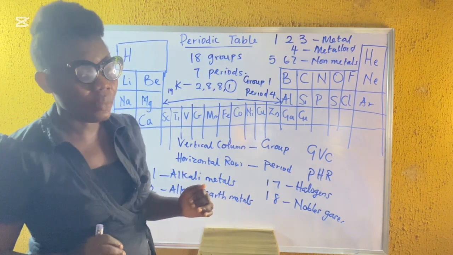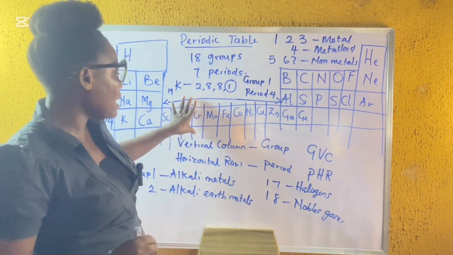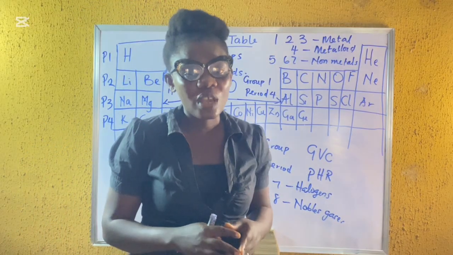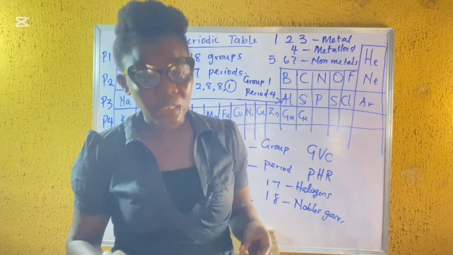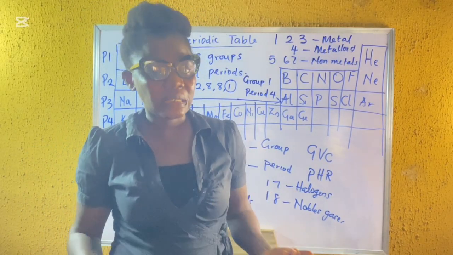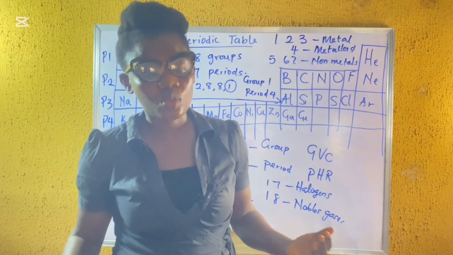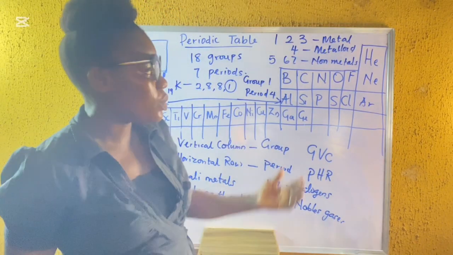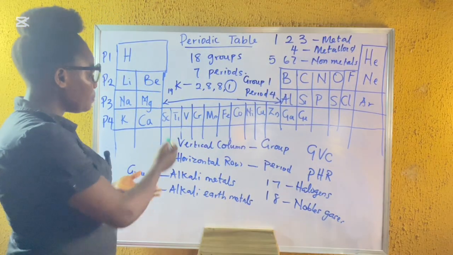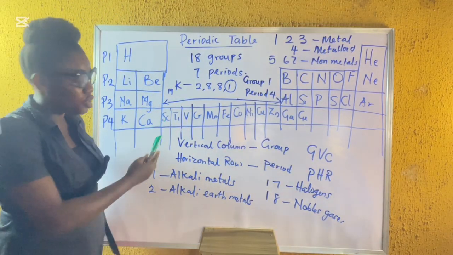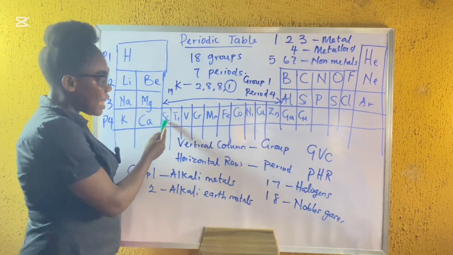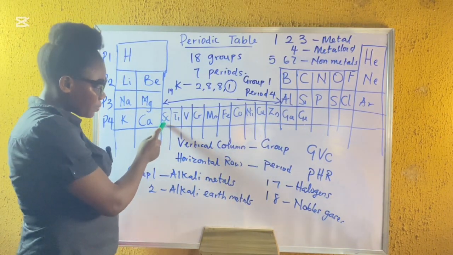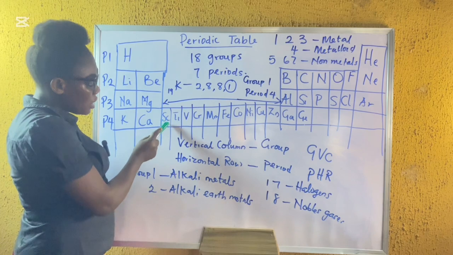So I'm going to quickly make a recap. We started that we have 18 groups and we have 7 periods in the periodic table, and for secondary school you will learn that there are just 8 groups, and I've explained why we say it is 18 groups, because from scandium to zinc, which are the transition metals, we have 1, 2, 3, 4.